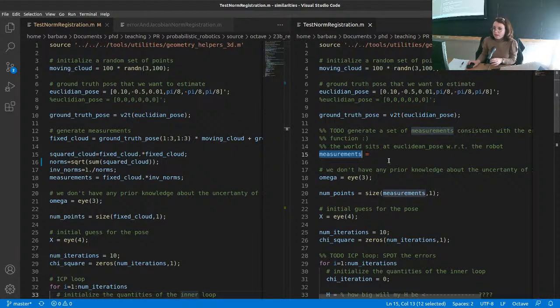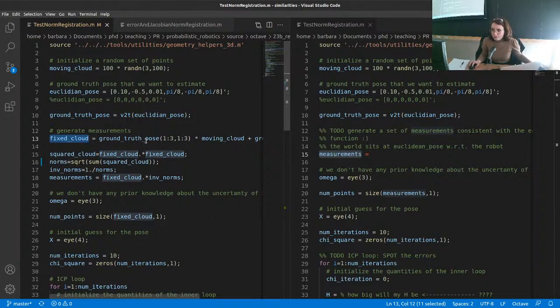And this is exactly what is done here, where we have the moving cloud, which is again the set of points in the world frame. We generate the fixed cloud by applying the transformation from the world frame to the sensor frame.